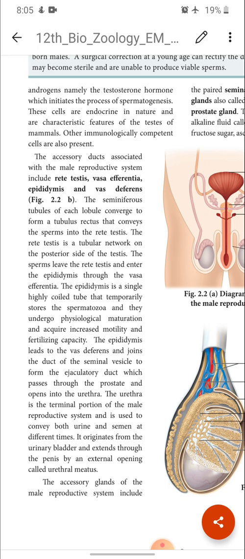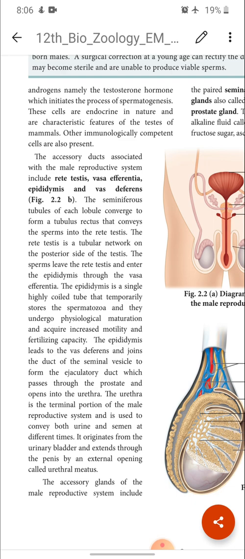See, the epididymis is nothing but a single highly coiled tube. The sperms are stored temporarily in the epididymis, and while stored temporarily there, they undergo physiological maturation and acquire increased motility and fertilizing capacity. This is very important, children.